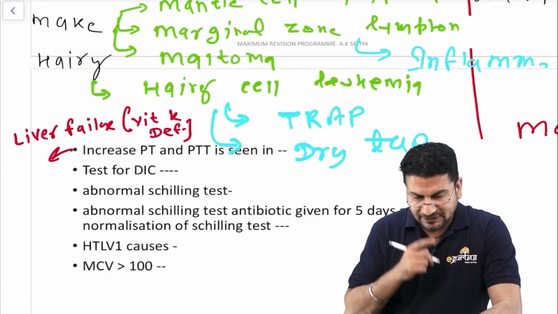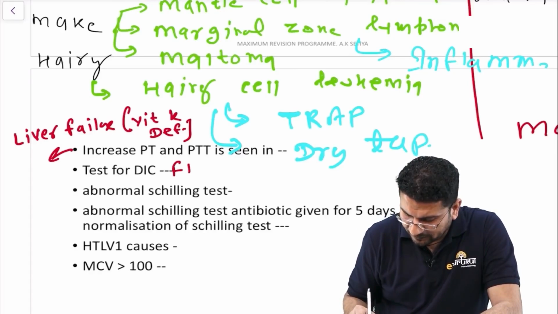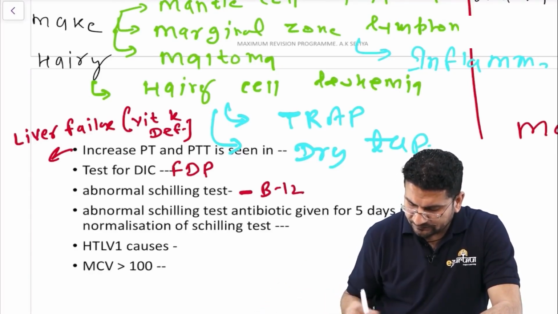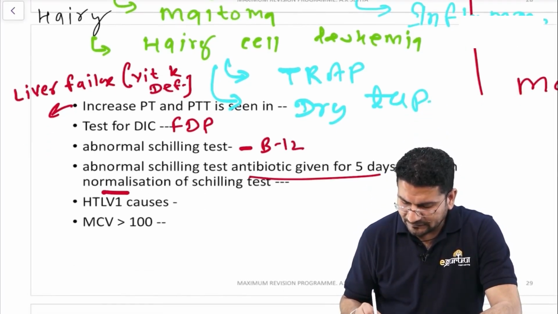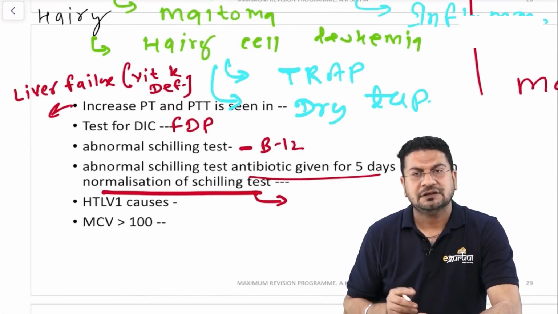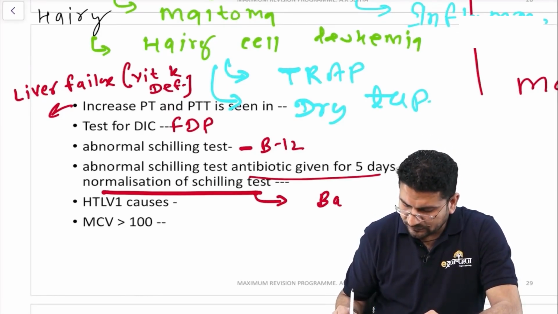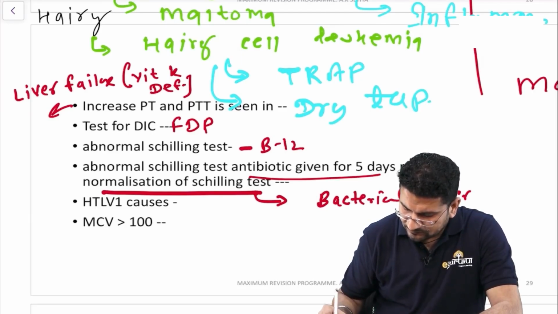The test for DIC is fibrin degradation product, FDP. Abnormal Schilling test is for B12 deficiency. If after antibiotics given for 5 days there is normalization, it means there was some bacterial overgrowth. We call this bacterial overgrowth syndrome.